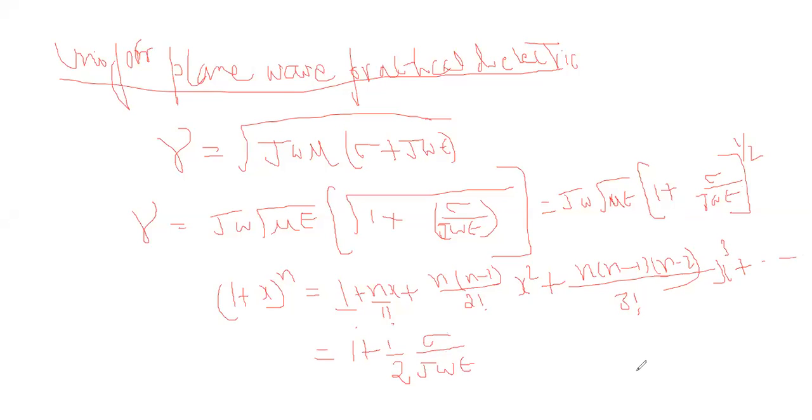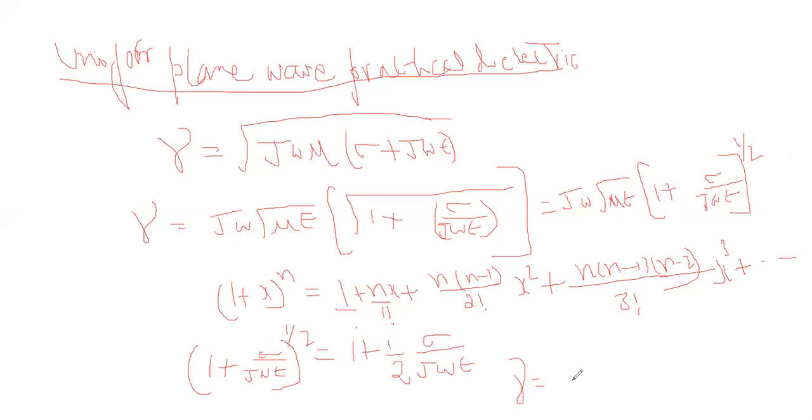So it is in the form of 1 plus sigma by j omega epsilon whole power 1 by 2, where n is 1 by 2 and x is sigma by j omega epsilon, neglecting higher order terms. It is multiplied with the j omega root mu epsilon.